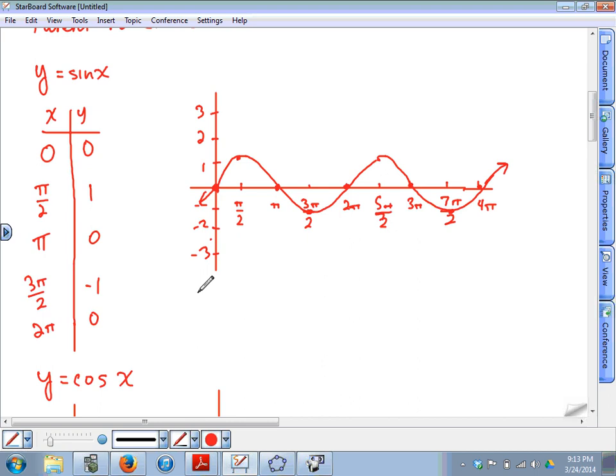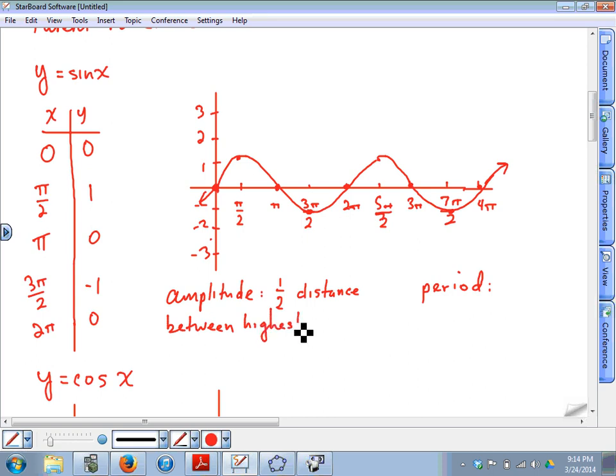Now, there's two words you might remember from Algebra 2 last year. There's amplitude and there's period. The amplitude is half of the distance between the highest and the lowest point.